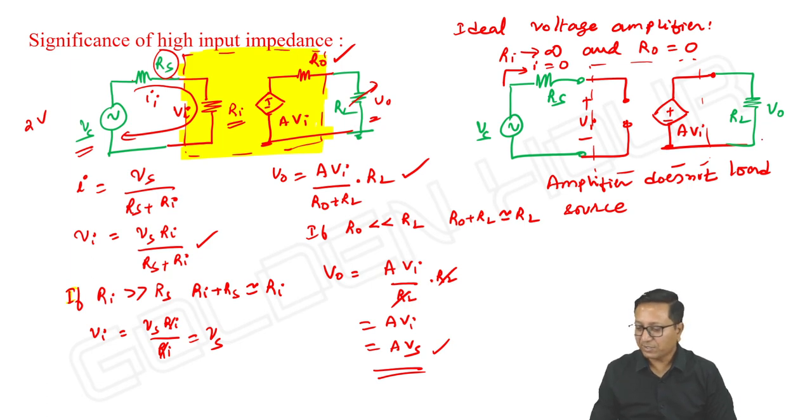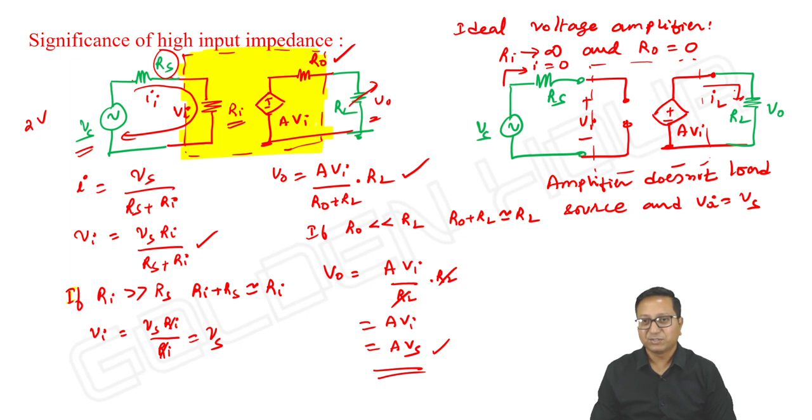Similarly, coming to the output side, due to zero output resistance, here Vi is always equal to Vs. And due to zero output resistance, V output does not depend on RL. See, depending upon RL, IL value will change, but V naught does not change.